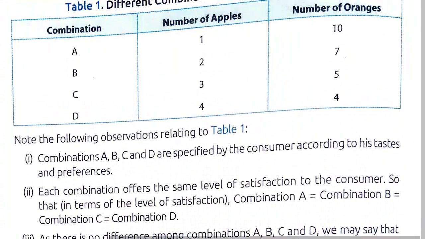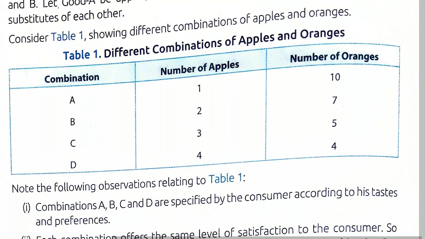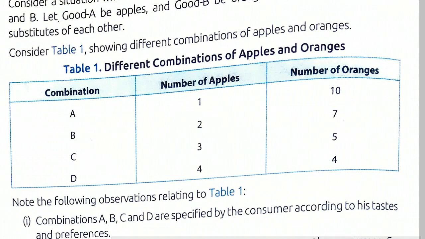Now this particular indifference set says that in all these combinations A, B, C and D, the consumer has the same level of satisfaction, and that is why it is called an indifference set. Indifference comes from the word indifferent. Indifferent means not different.